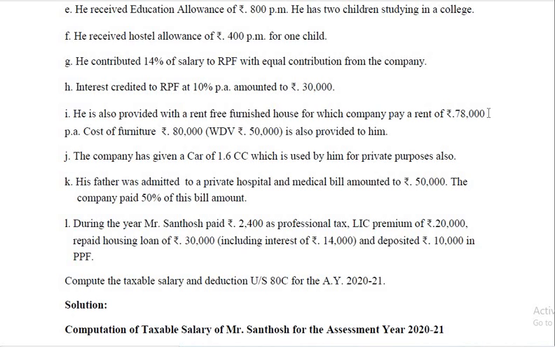He is also provided with a rent-free furnished house for which the company pays a rent of 78,000. So you have to decide whether the house is owned or hired. If it is owned, population is to be considered. But here it is not owned because the company pays rent for it. So it is a hired one. If that is the case, the perquisite value is calculated with the formula: 15% of salary or actual rent paid, whichever is less.